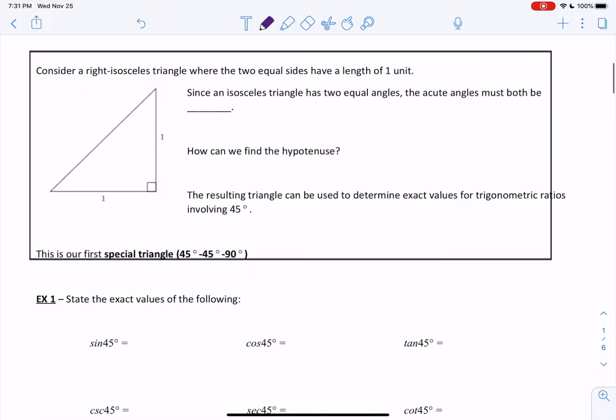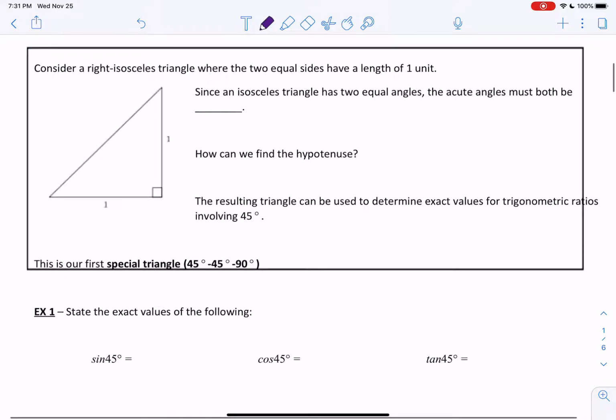So the first special triangle that we need to know is our 45-45-90 triangle. We're going to consider a right isosceles triangle where the 2 equal sides have a length of 1 unit. So if you look here, we have 2 equal sides, both with a length of 1 unit. Since this is an isosceles triangle and has 2 equal angles, both of our angles here must be equal to 45 degrees.